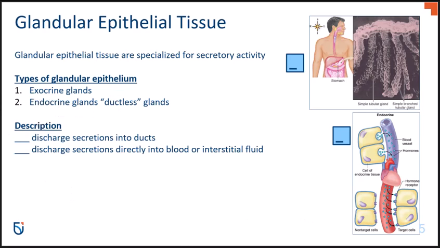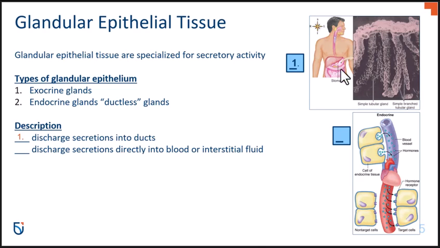Exocrine glands are going to be producing a substance, and then they're going to release the substance into ducts right in the area where it's needed. So in other words, these glands are found in the area that they're needed, and then they release their substances in that same area. So they're not traveling long distances in the body.